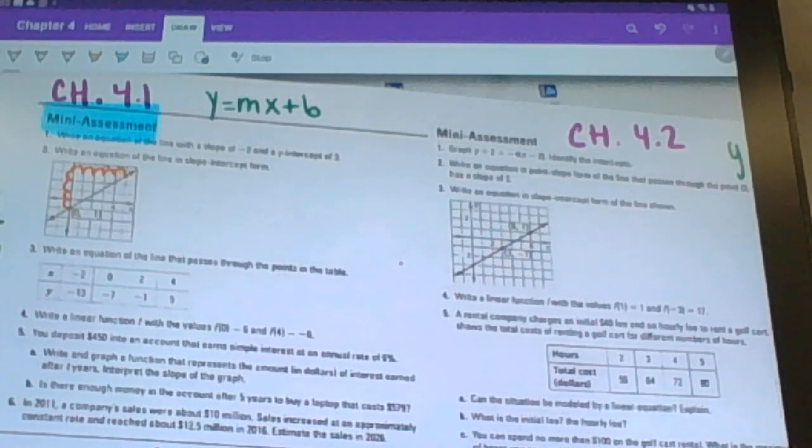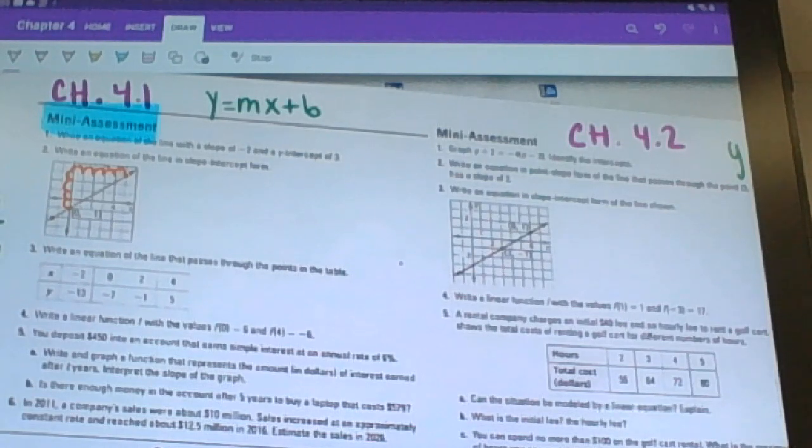I got for number 2, up 4, right 5. It's going uphill. I got up 4, right 5. For the b value, negative 1.